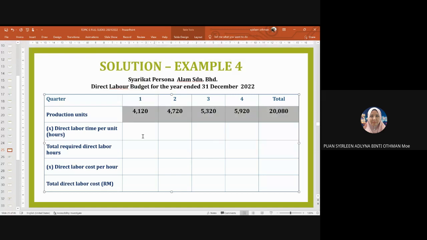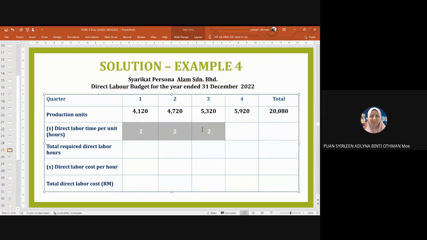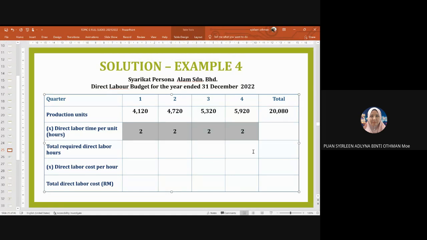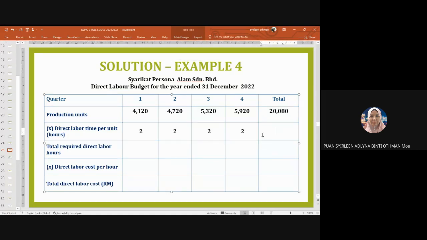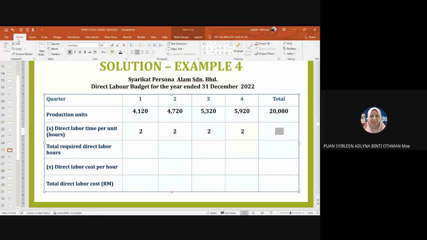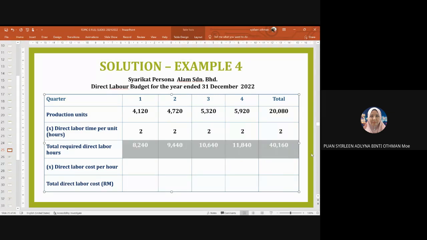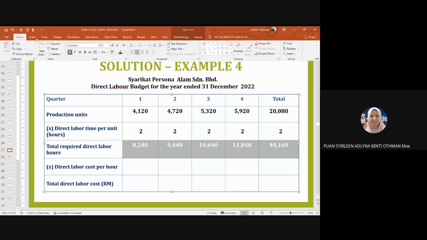Direct labor per hour: we are using 2 hours for one product, so put 2. How many labor hours are needed to finish 20,080 units of goods? You just multiply by 2, and you get the total direct labor required.